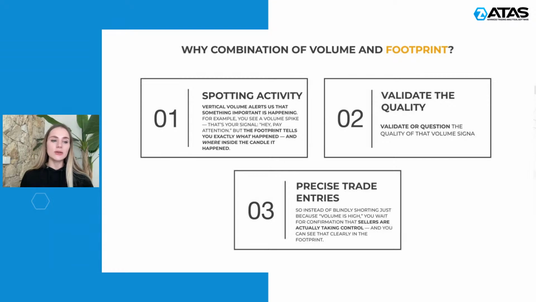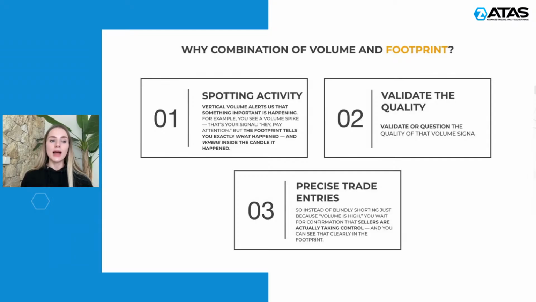You can wait until the footprint shows a sign of the shift, for example large red clusters, so aggressive sell orders, or a series of sell imbalances at the top of the zone. And when price starts pulling back from your level, you will have a trigger to enter the trade.